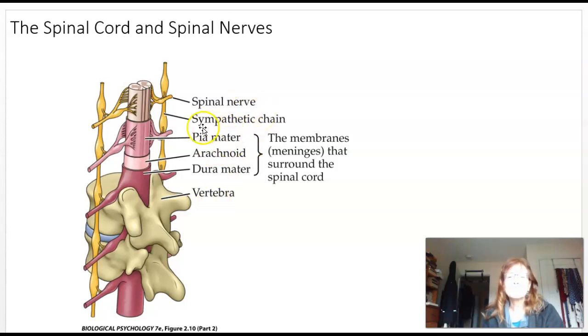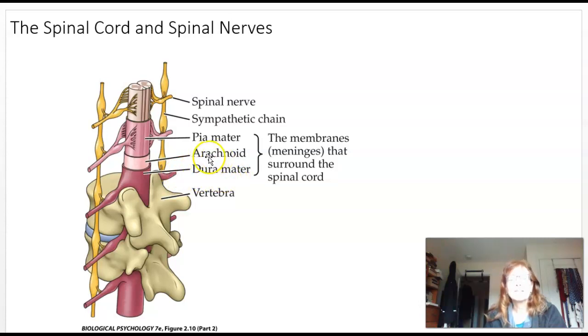And then this brought up something that I didn't talk about much before, but you should know: the meninges. Remember, the meninges are these coverings that go around the brain, and they also go around the spinal cord. We have the tough outer coating, which is the dura mater.